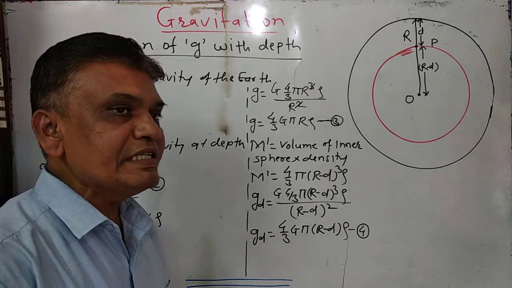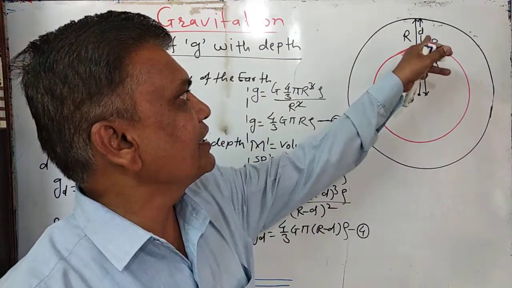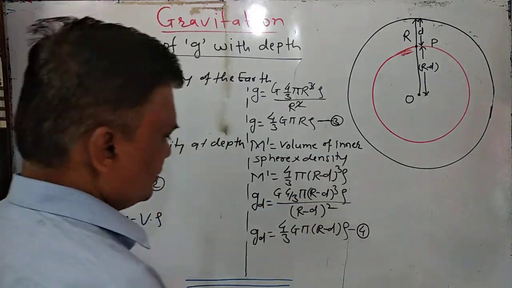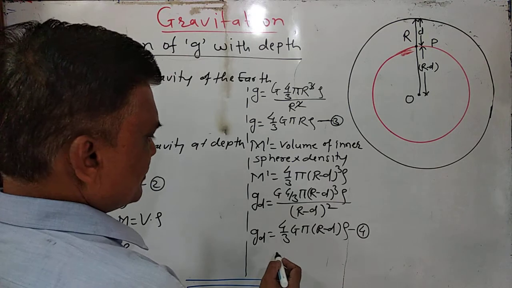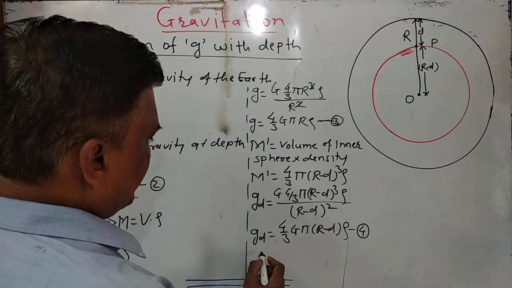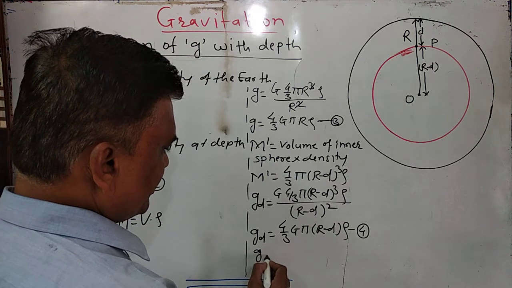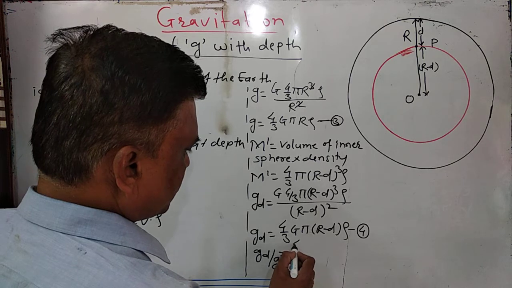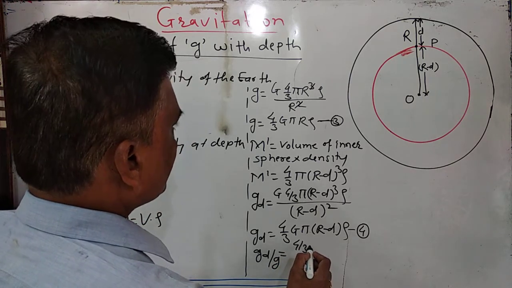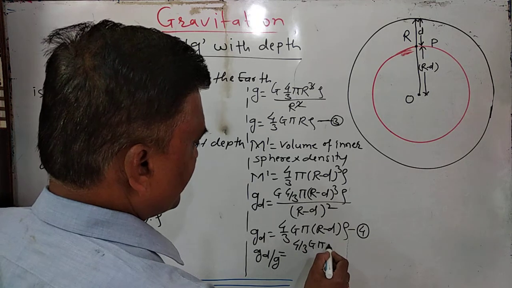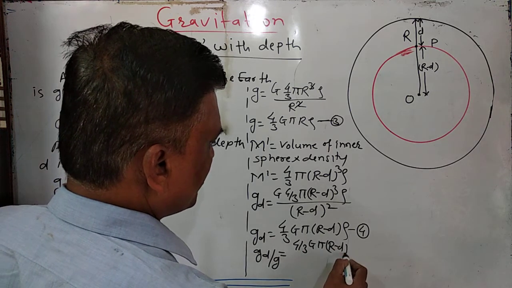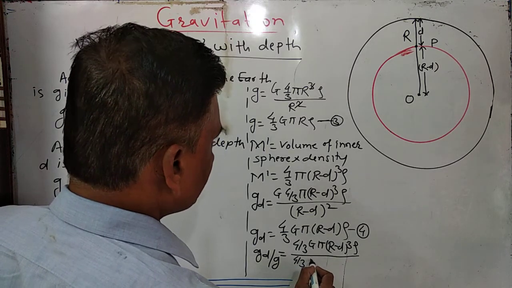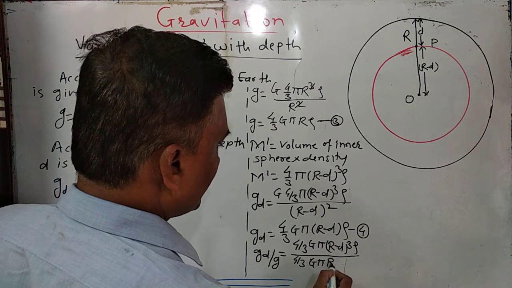Now we will find gd, the acceleration due to gravity at depth d. So we take the ratio of equation number 3 and 4, dividing equation 4 by equation 3. Therefore gd upon g equals 4/3 G pi (R minus d) rho upon 4/3 G pi R rho.